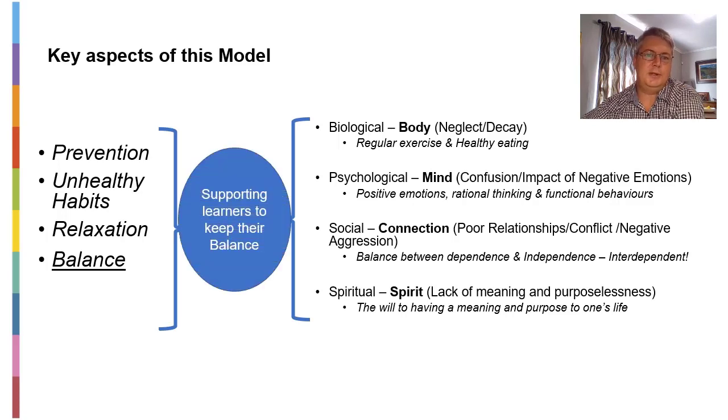So supporting learners to keep their balance is the way I want to phrase this, is basically an important part. And if you can do this, that means that you are facilitating healthy and effective development. You can support learners to keep their balance between these various aspects.